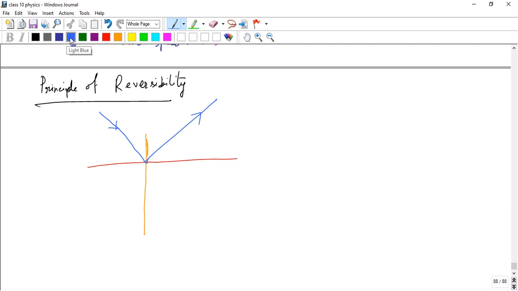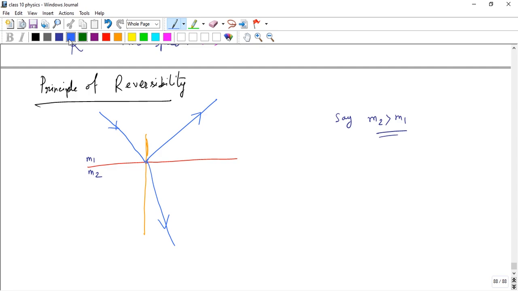Suppose that is medium 1 and that is medium 2. Let's say medium 2 is denser than medium 1. So light travels from rarer medium to denser medium, and that's why the refracted ray bends towards the normal.